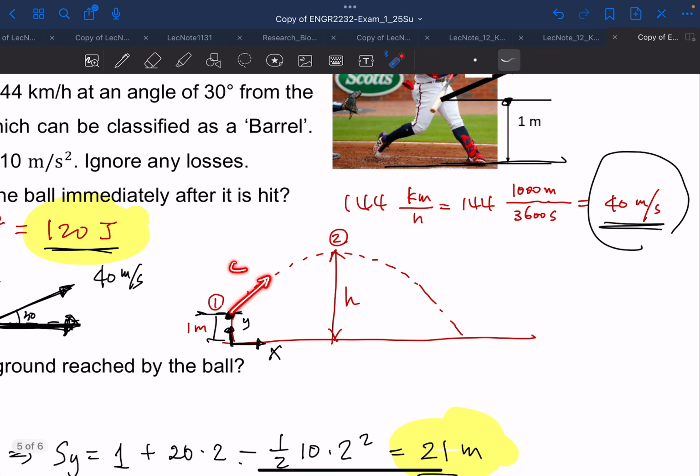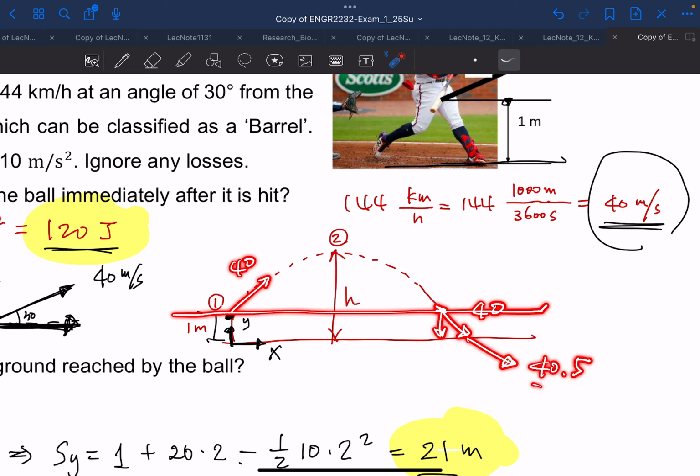At this point it was 40, so at this point it should be 40. That way energy conservation works, but it falls down a little bit more, so at this point it should be 40.5 or something slightly greater than that, 41, or I don't know.